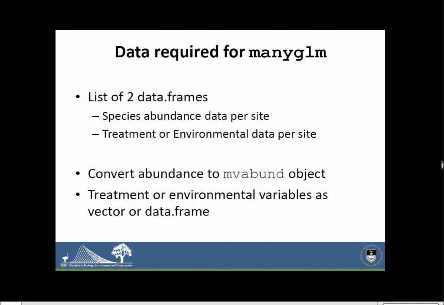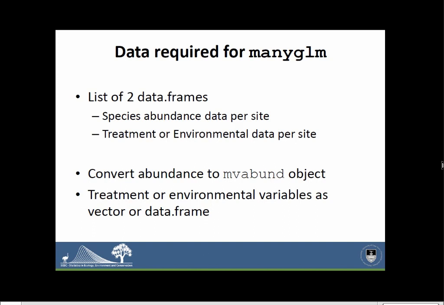So, the data required for your mvabund GLM. If you look in the actual mvabund package, you'll find all the data sets are lists with 2 or more data frames. One would be your species abundance data per site, and then another would be either your treatment or your environmental data per site.